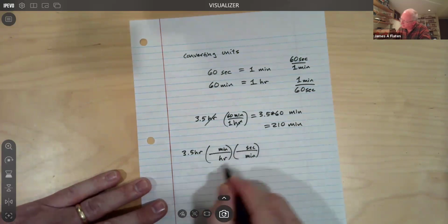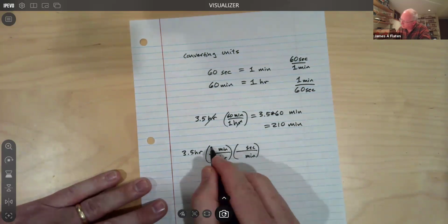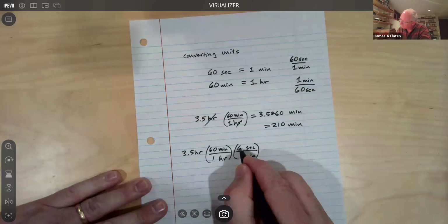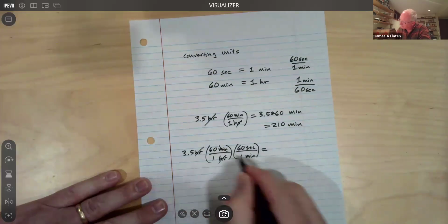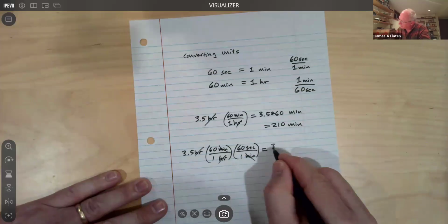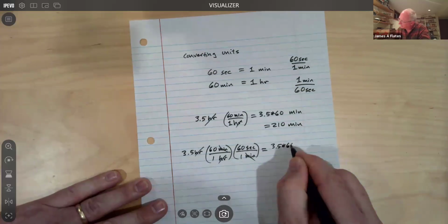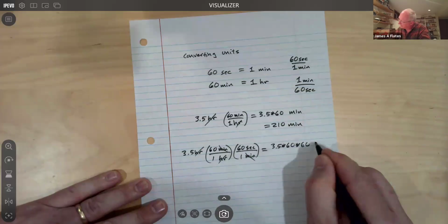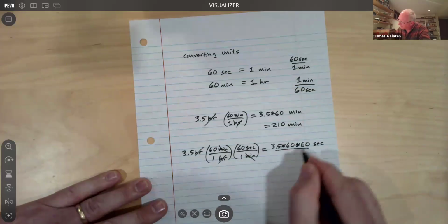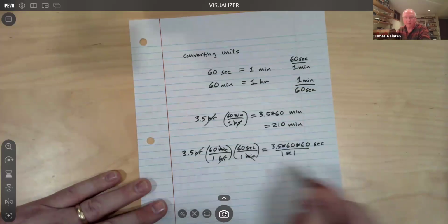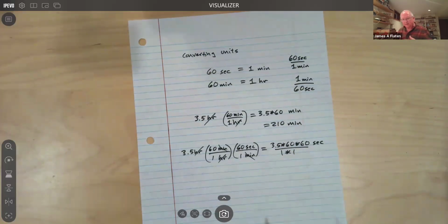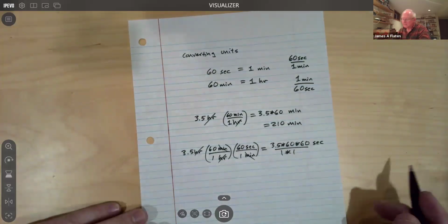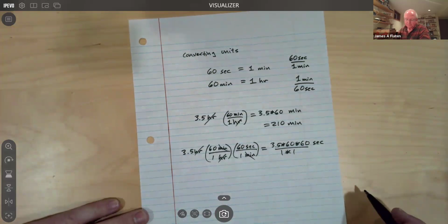And now I just have to put in the numbers here to make this equal to 1, so 60 minutes in 1 hour and 60 seconds in 1 minute, and therefore the hours cancel, the minutes cancel, and I'm left with 3.5 times 60 seconds divided by 1 times 1. I don't always even bother writing 1 times 1, but more or less, this is collecting all the numbers together and collecting all the units together, but it turns out that most of the units in this case disappeared.